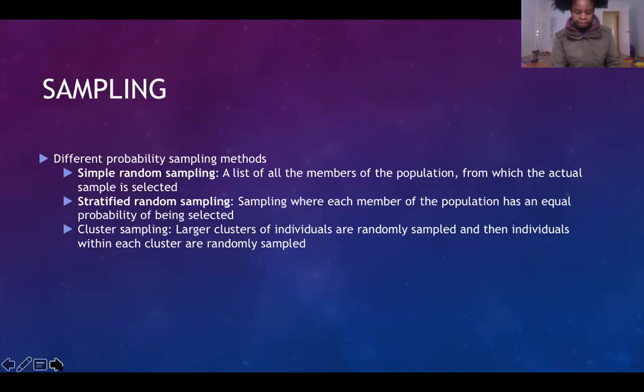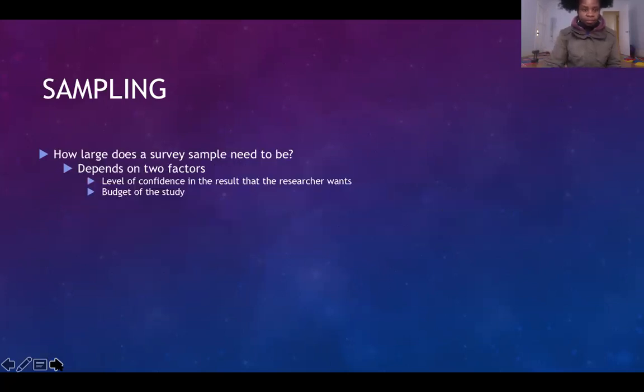Probability sampling was developed in large part to address the issue of sampling bias, okay? So sampling bias occurs when the sample is selected in such a way that it is not representative of the entire population and therefore produces inaccurate results. If these survey non-responders differ from survey responders in a systematic way, then this can produce non-response bias.